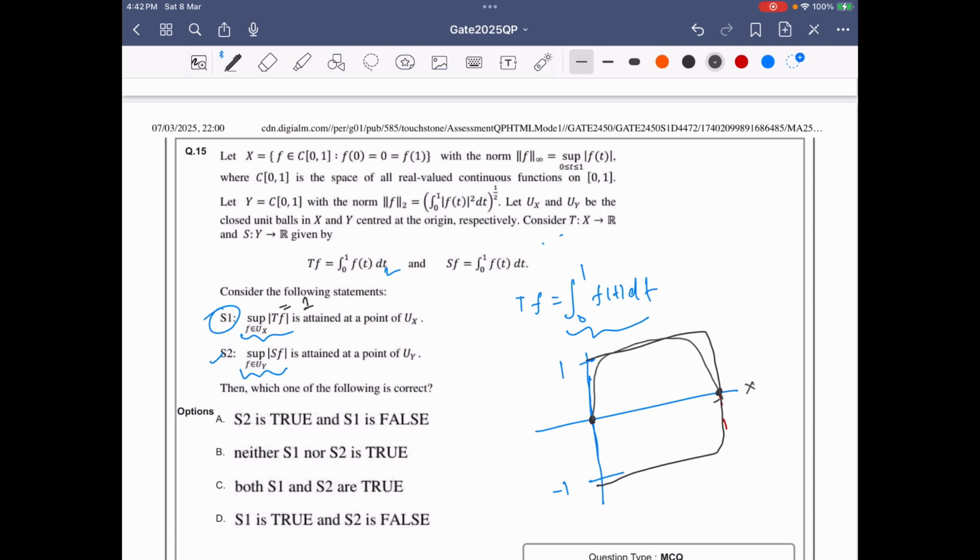But if you try to push this line up to this part, you see that the maximum is only achieved at the graph f(x) equal to 1, but that is certainly not in Ux. So that is why this is not achievable. So the statement S2 is true in this case and S1 is false, because this is not attained at a point of Ux. Thank you.